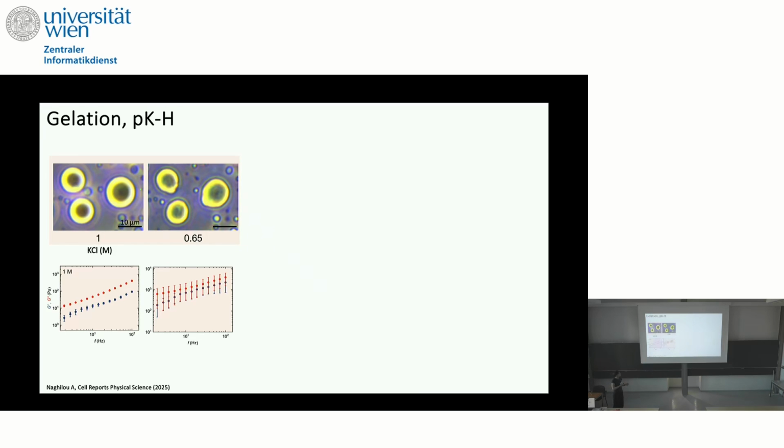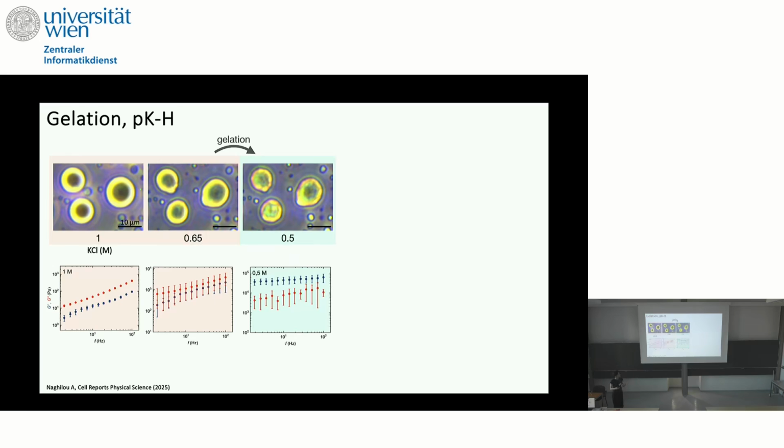Then afterwards, I again went down with the salt concentration, and you see that they go from these squishy liquid condensates to crispy gel-like ones, and also the rheological properties change: G prime becomes larger than G double prime, which we heard in the last talk is an indication of gelation. So this was very nice because we measured with the same system from liquid-like condensates to solid-like or gel condensates.